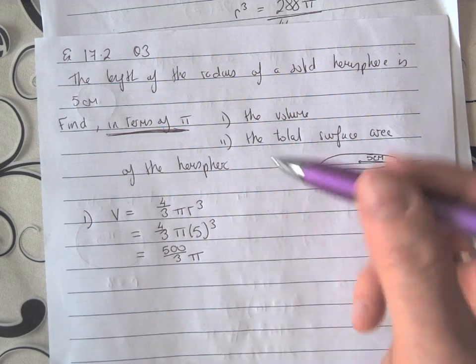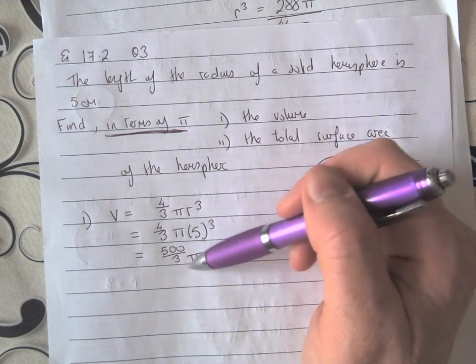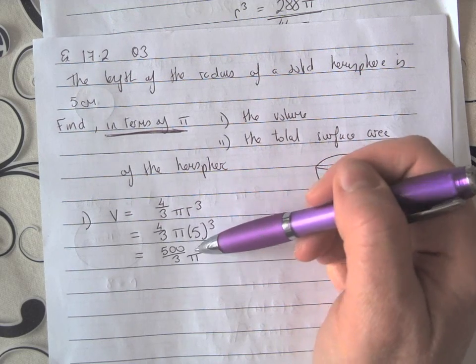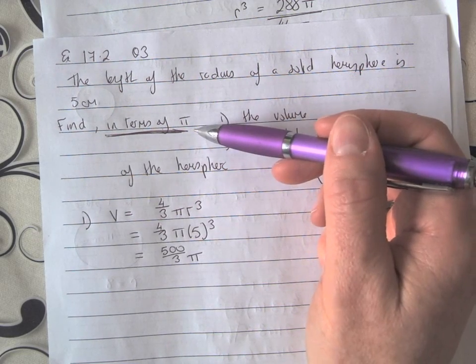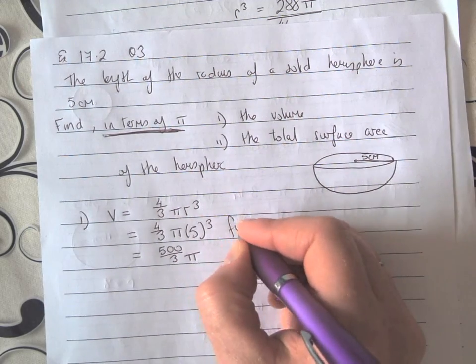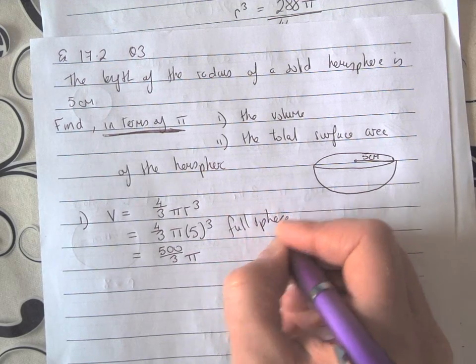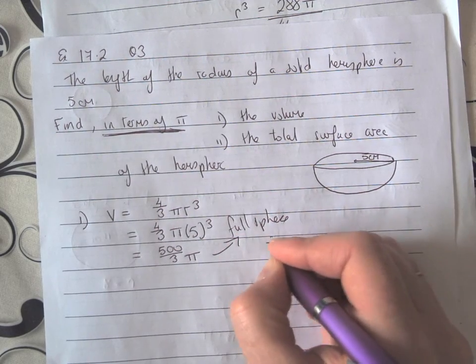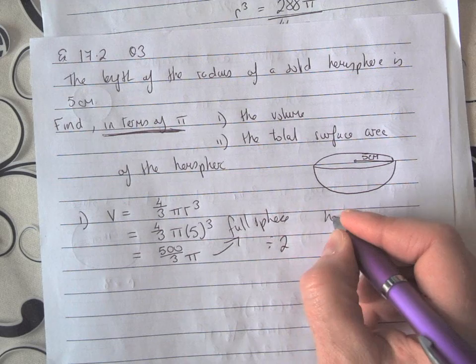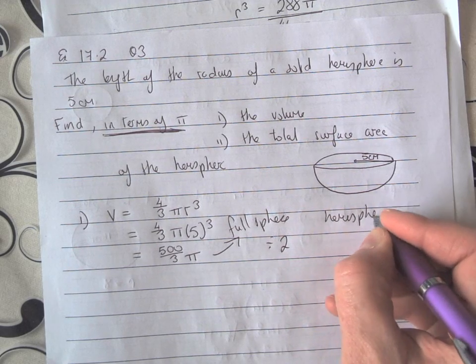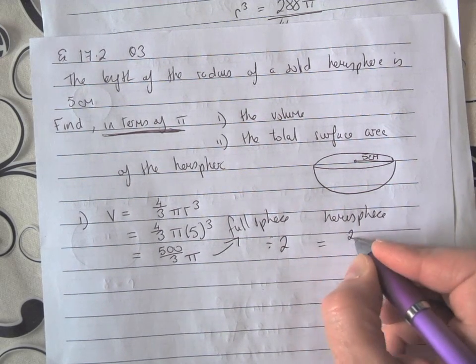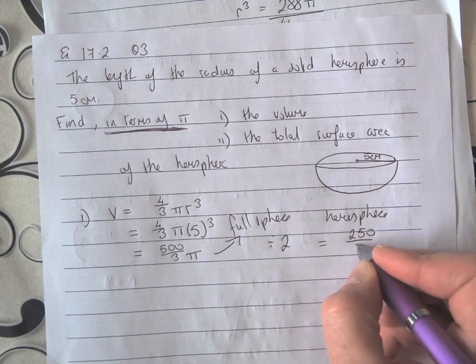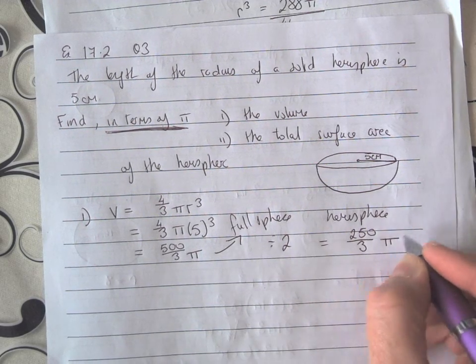Okay, so I wanted it in terms of pi, which means you don't press change on your calculator. Whatever your calculator gives you with the pi, that's what you keep. Alright, now this is a full sphere. So divide by 2 to get the hemisphere. So when we divide by 2, we get 250 over 3 pi.